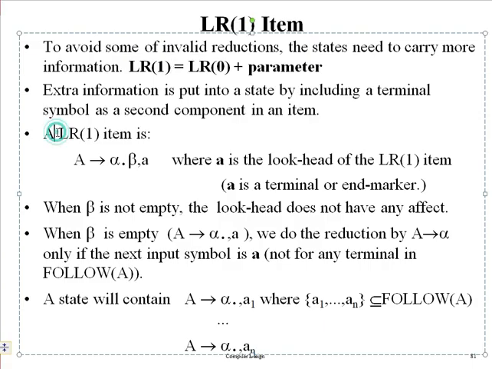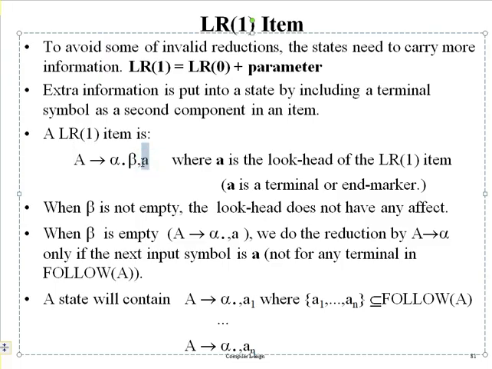An LR1 item, we can technically define as A derives alpha dot beta, comma a. So if we have such a production rule, after the dot operator we have beta, and the parameter a.